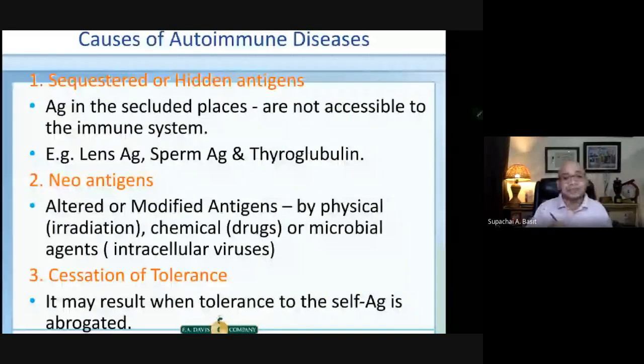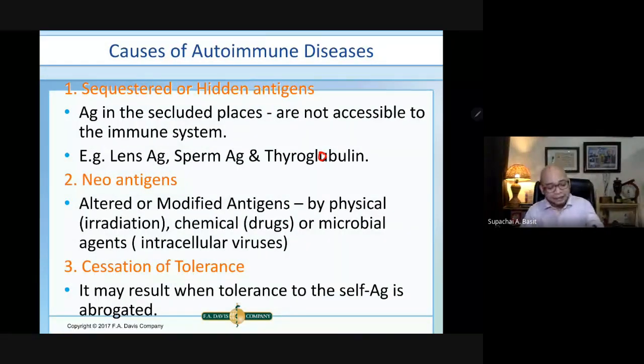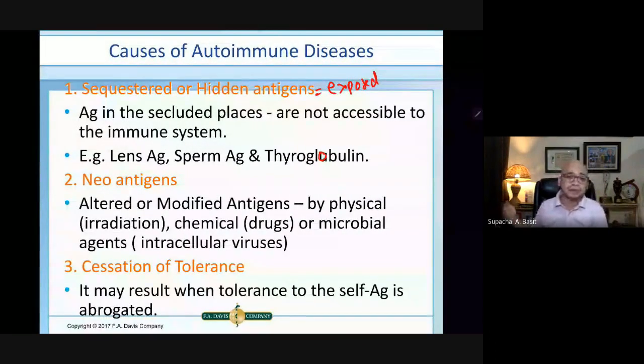These are considered sequestered or hidden antigens, and eventually, this hidden antigen can be exposed. Once exposed, we will now be prone to attacks.